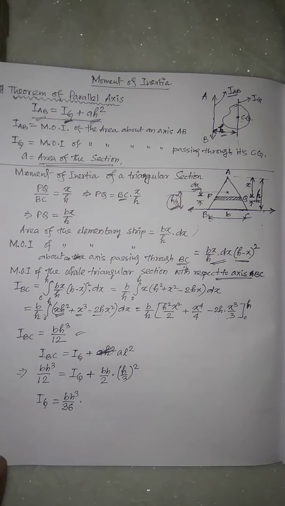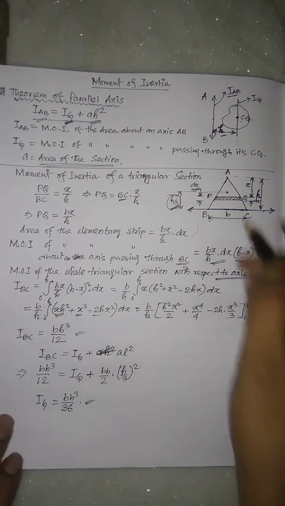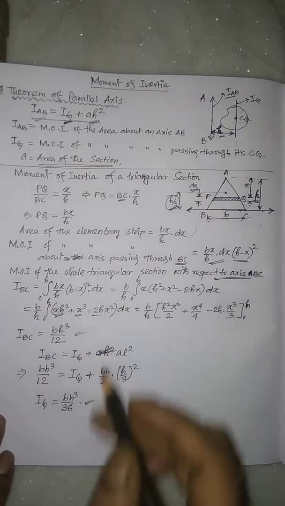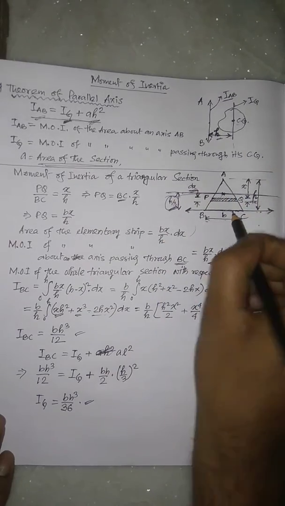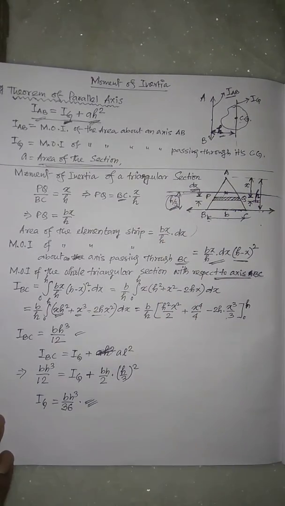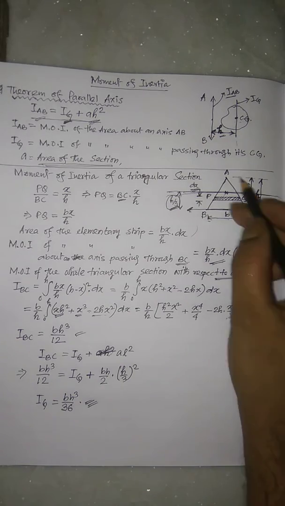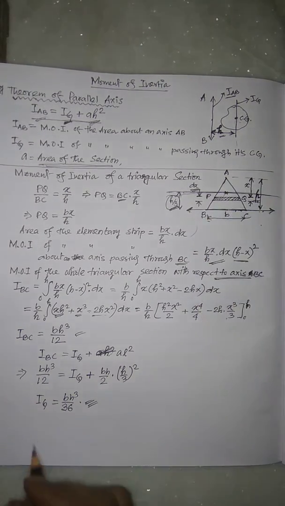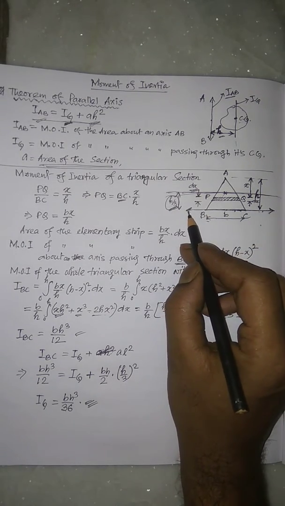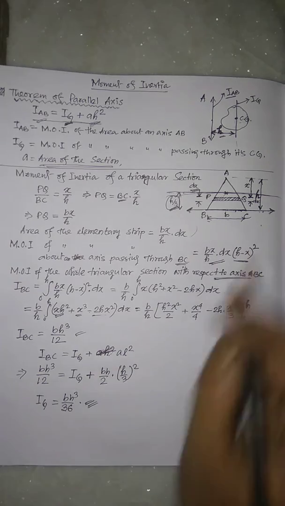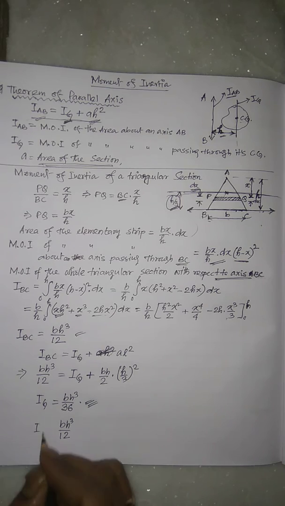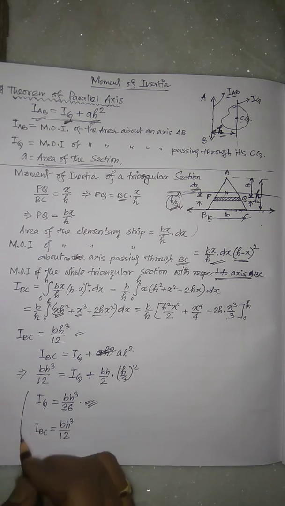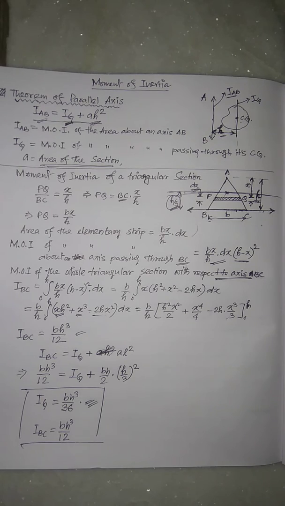So the moment of inertia of a triangular section about an axis passing through its CG and parallel to its base is b h cube by 36, and the moment of inertia of the triangular section with respect to an axis passing through its base is b h cube by 12. This is the moment of inertia of the triangular section with respect to two different axes.